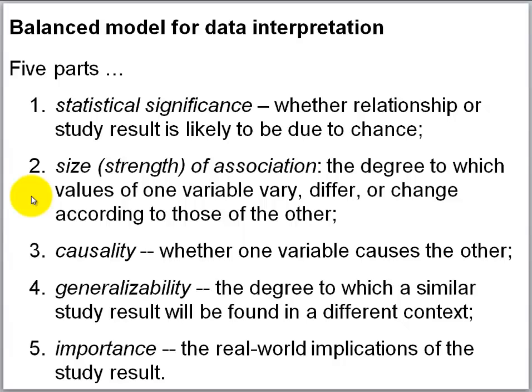The girls did better, and that difference was not likely to be due to chance. The sample size was in the hundreds of thousands, and the size of the difference was absolutely tiny. So there's an example of a statistically significant result, but where the result is trivial.